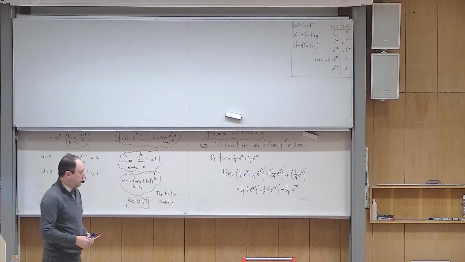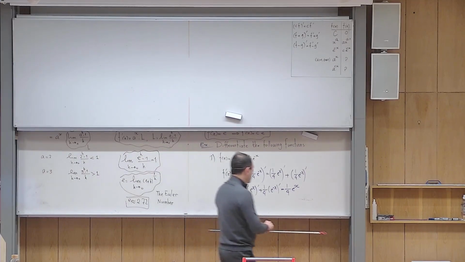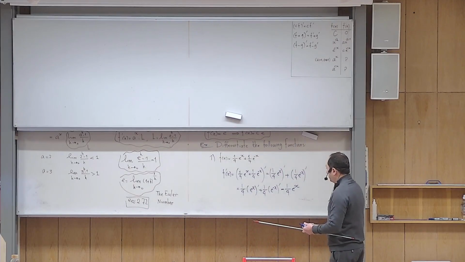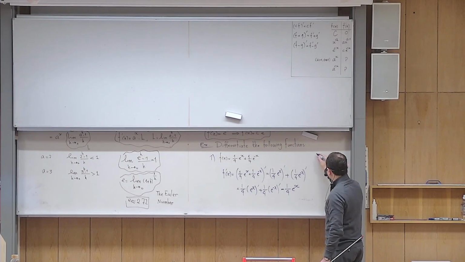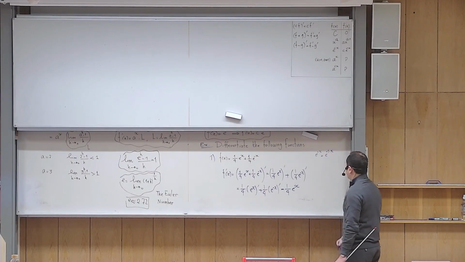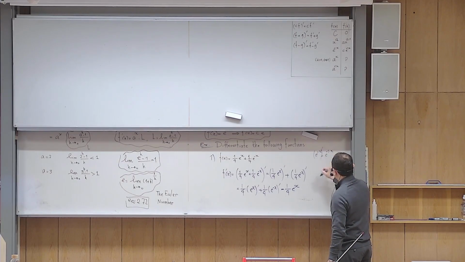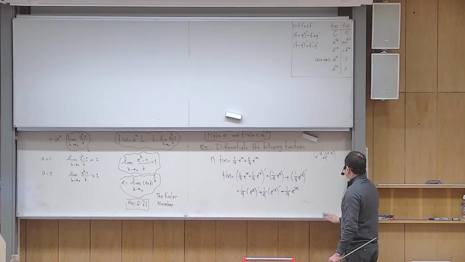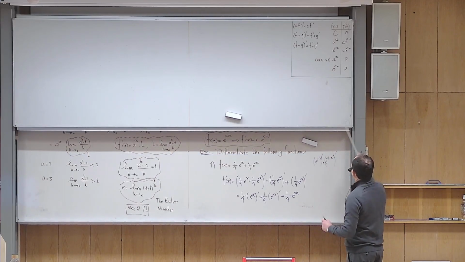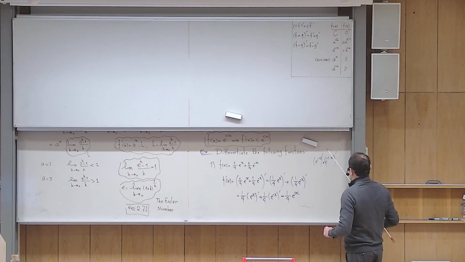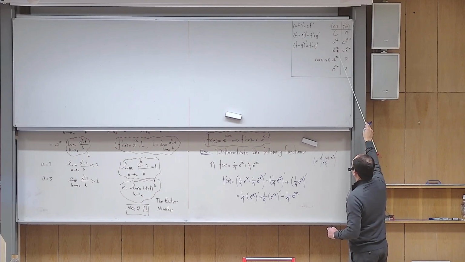Yes, that is correct. Why? Because e^(-x) means e to the power of minus 1 times x. So when I want to differentiate this, if you compare it with the formula that I have written here, minus 1 is playing the role of that c.